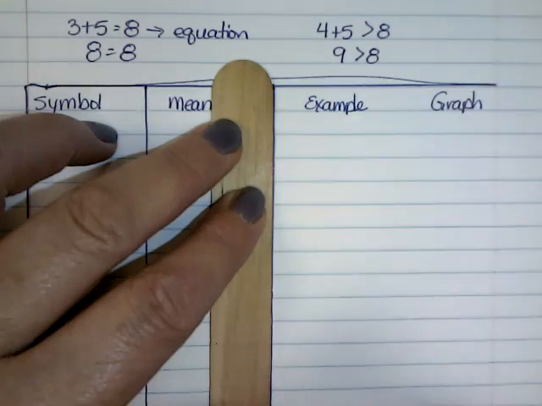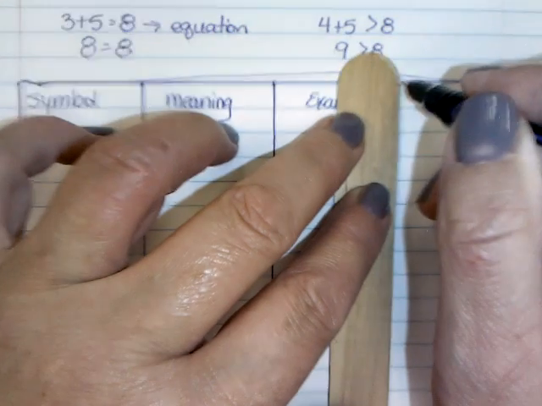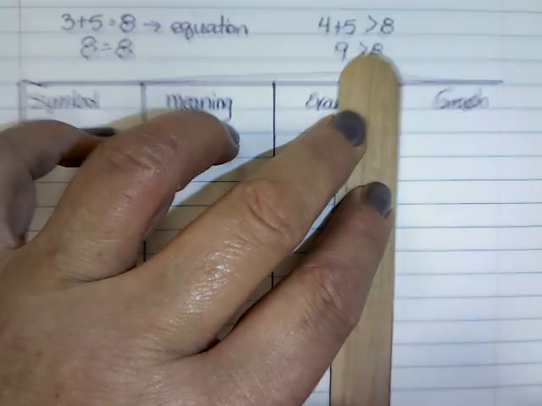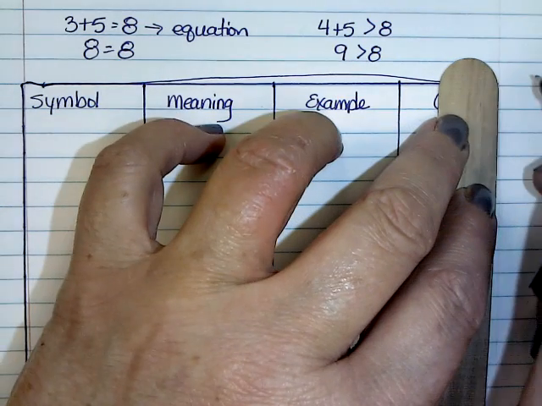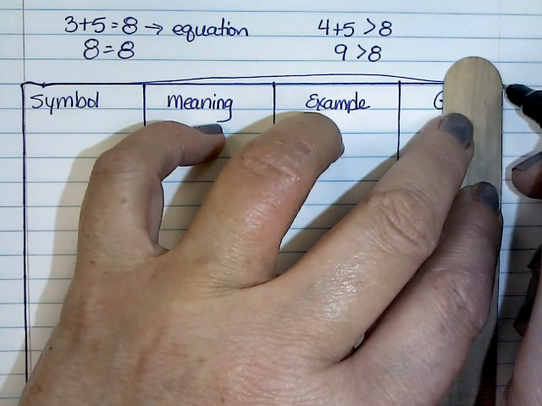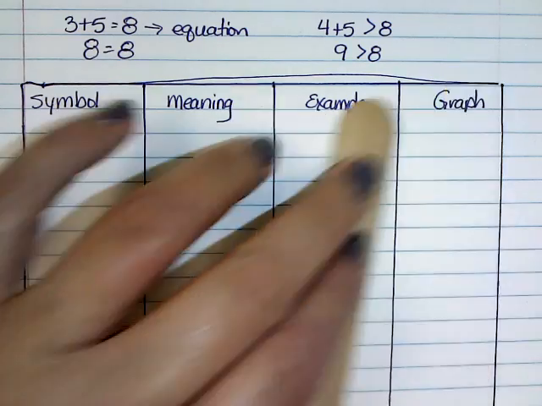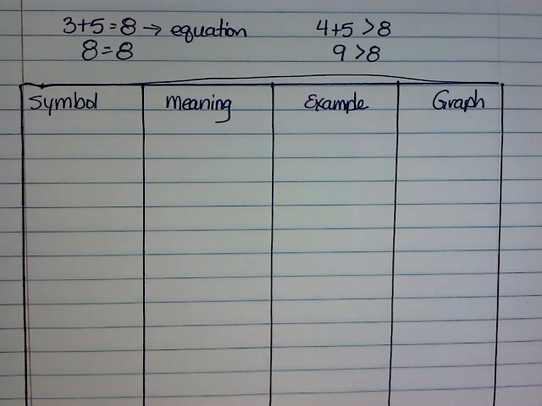Again, if I'm going too fast for you, you have the ability to stop and pause the video so that you can get caught up. I hope you are doing a better job with using a ruler than I am. It's kind of hard when you're doing this on video.